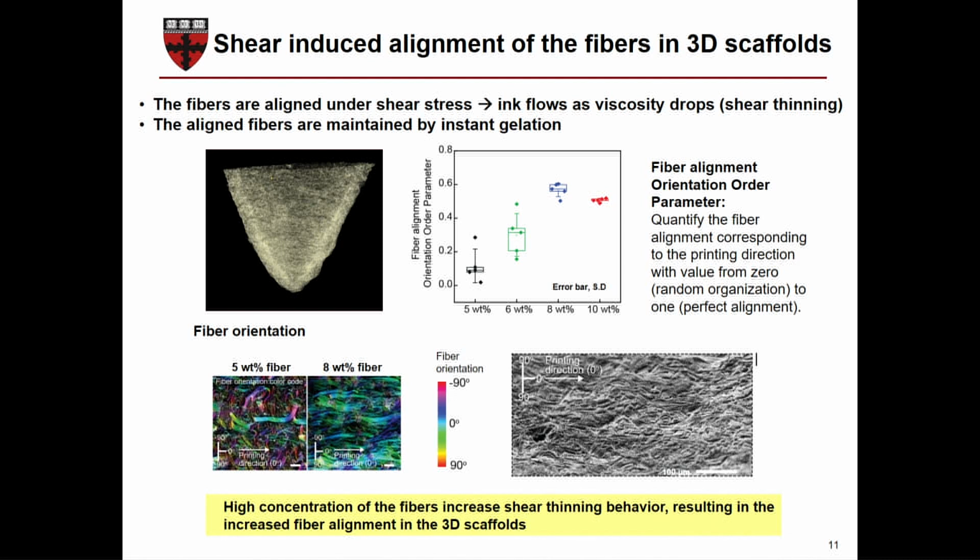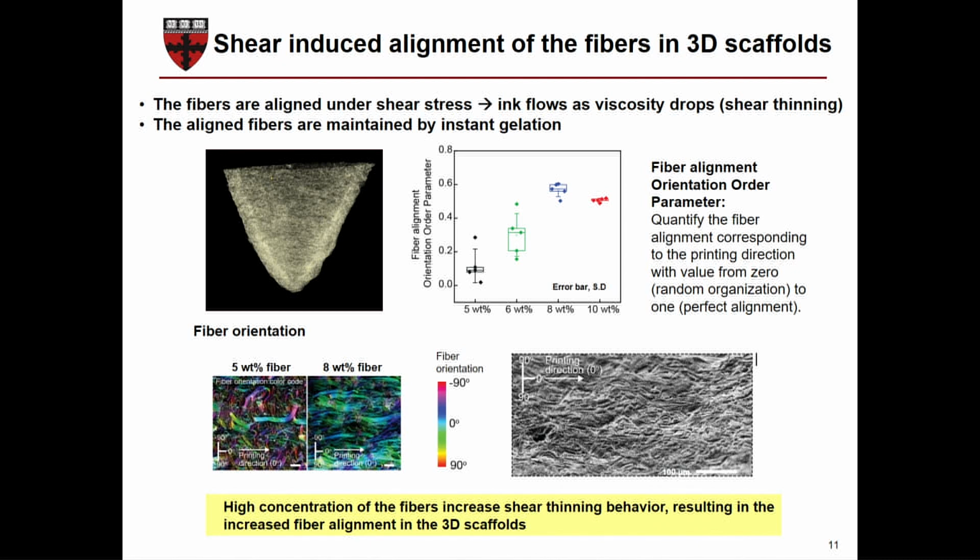This solidifying gel maintains the shear-induced fiber alignment, so that after we print it out, you can see in the analysis image and the SEM images that the fibers are well aligned because of the shear stress.